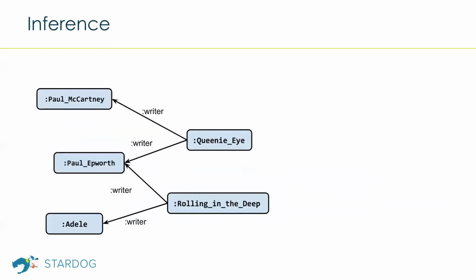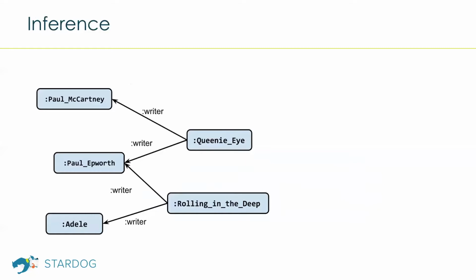So I just want to give a few examples of how some of this inference works. There are a lot more examples we can go into. I think there are entire training modules based off of this stuff that we can get into if the desire is there. I have here a very small subset of my music graph.